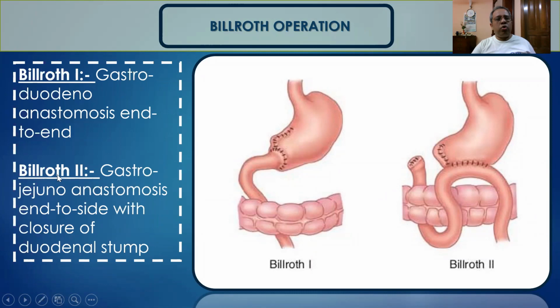In case of Billroth 2, the stomach antrum is divided, the stump of the duodenum is closed and the stomach is anastomosed with the jejunum. It is called gastrojejunostomy, which is called the Billroth 2. Billroth 1, end-to-end anastomosis. Billroth 2, stomach with jejunum, not the duodenum. So these are the two types of surgery in case of stomach.